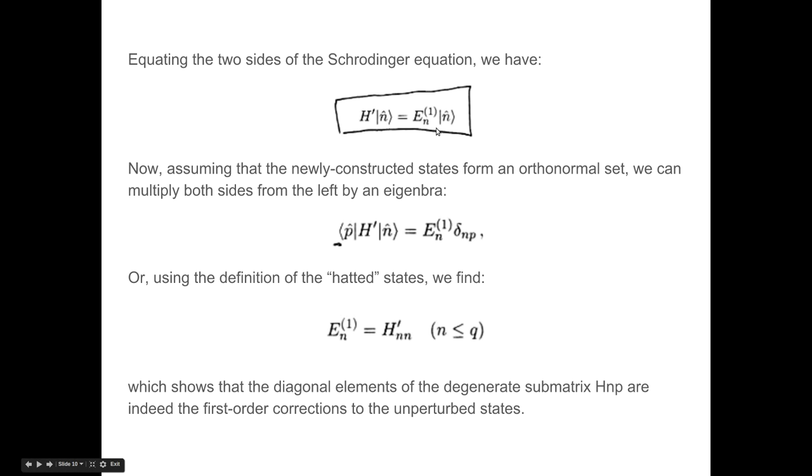Now let's take this and multiply it from the left by an eigenbra, which I'm going to call p hat. When p hat hits the right-hand side, p hat on n hat, they're orthonormal, so it's going to give me this delta function. And then I have p hat and n hat sandwiching my perturbation Hamiltonian.